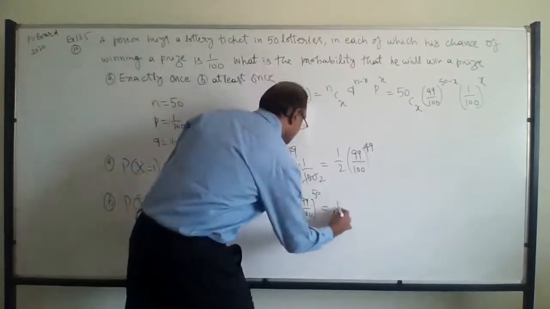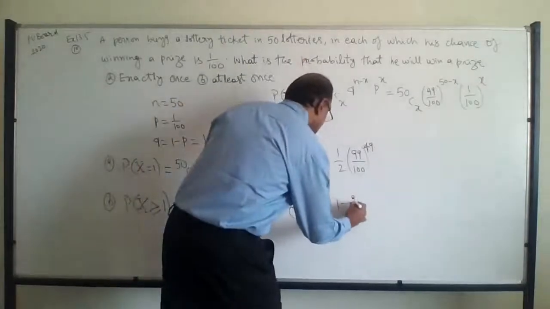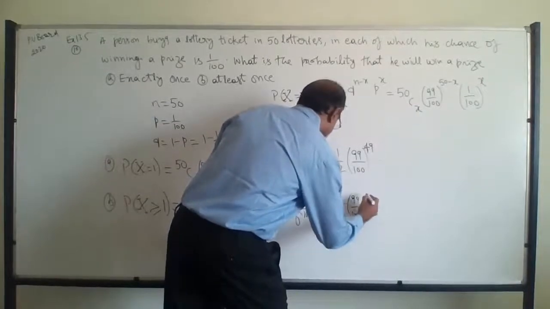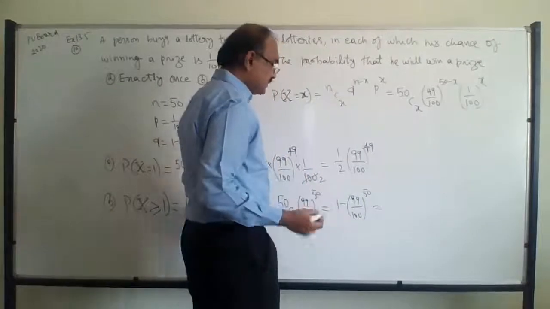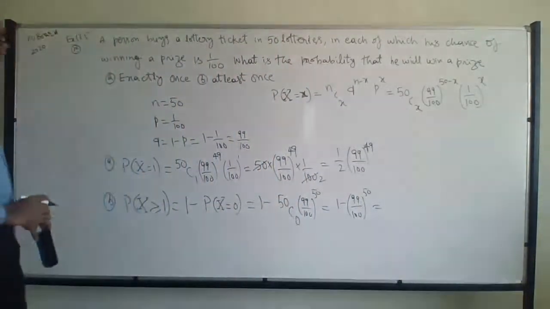That is nothing but 1 minus 99 by 100 whole to the power 50. You can leave it like this. You will get 5 marks for this.